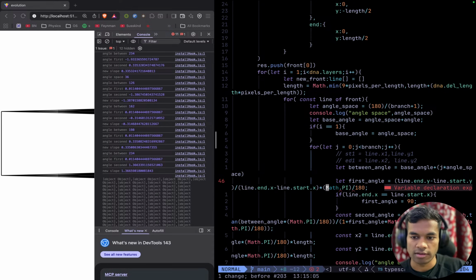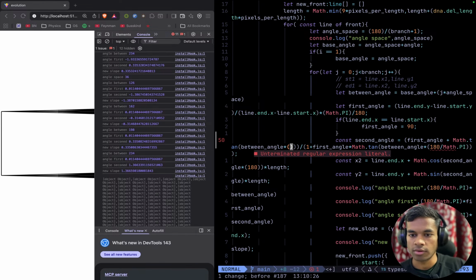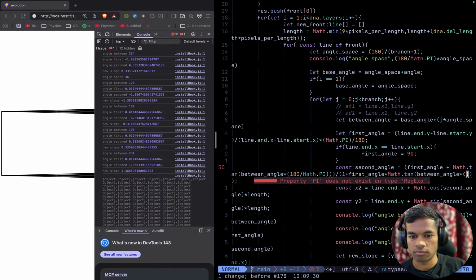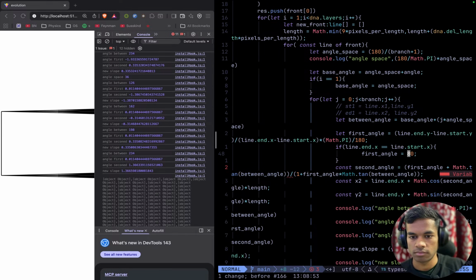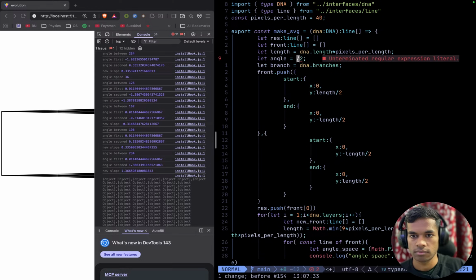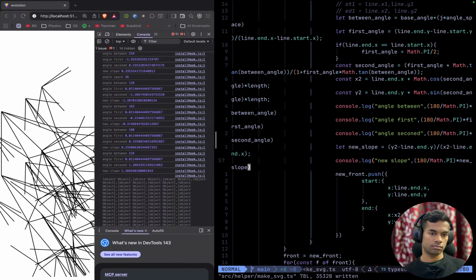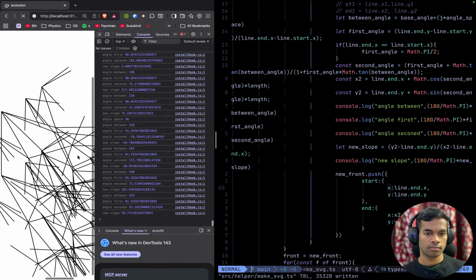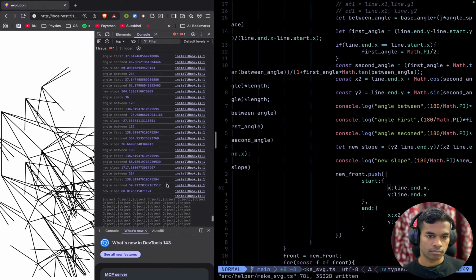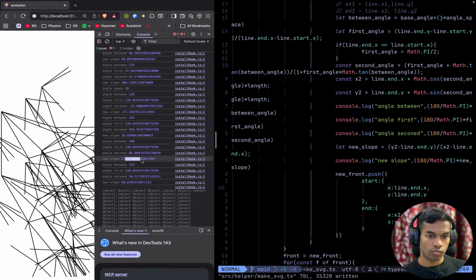let's go back to angles. Let's go back to using pi, radians. This is what we have. 1000. Yes, that is a big slope.